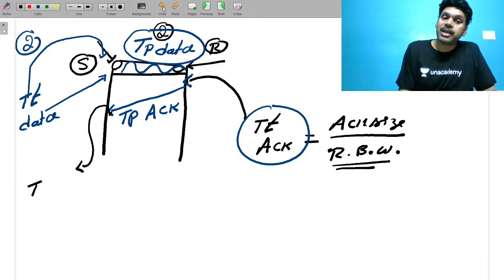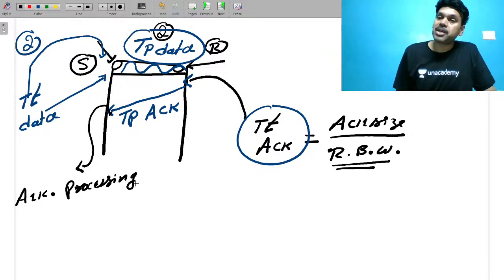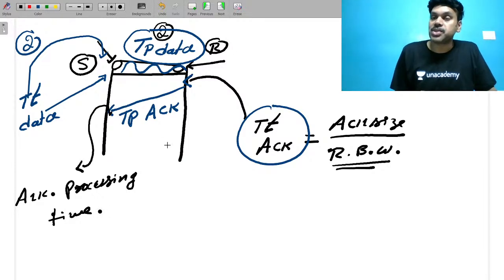Acknowledgement processing delay. We will see whether we received this acknowledgement from the correct party or not, and we will also see whether it is a positive acknowledgement or a negative acknowledgement. That is the meaning of acknowledgement processing time.